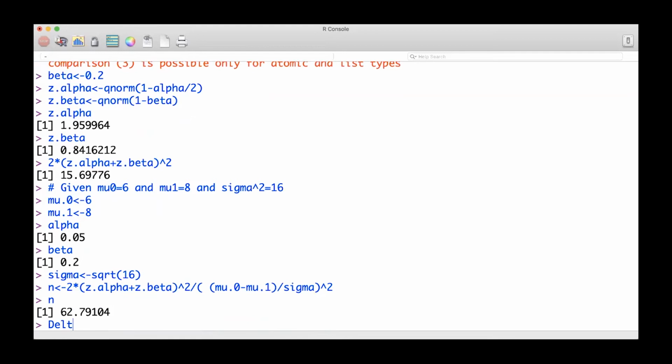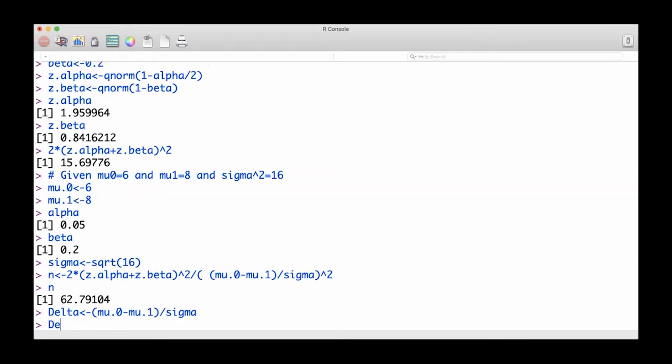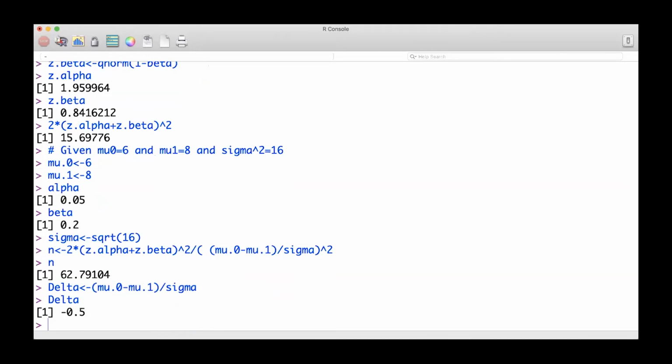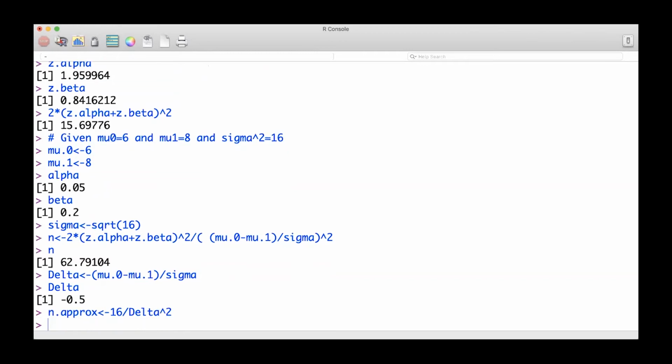Note that when using the approximation formula, our delta is going to be that denominator term that's inside the squared component. So this is our delta term, and our sample size approximation, which I'm going to call n.approx, is 16 divided by delta squared.